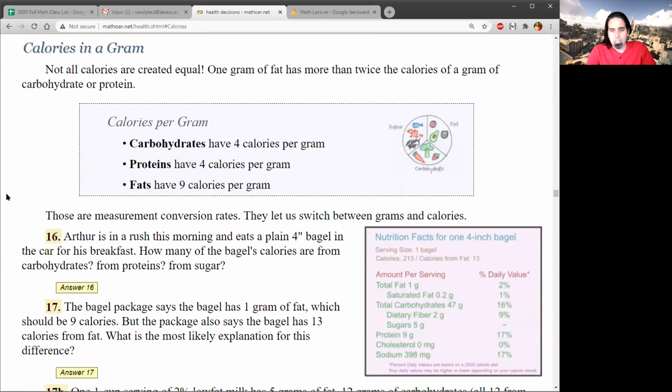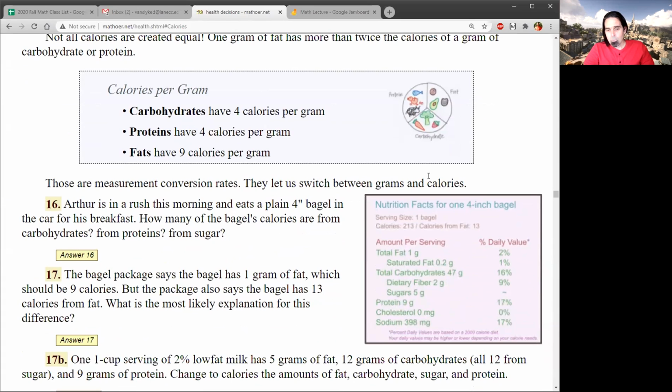So if there is a food label, you've all seen things like this. Here's a bagel. Arthur's in a rush. He wants to eat his bagel. How many of the bagel's calories are from carbohydrates or proteins or sugar? Let's look at that.